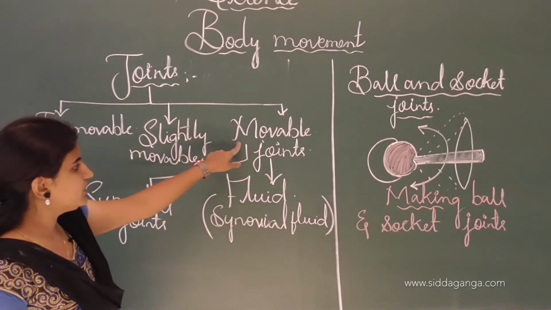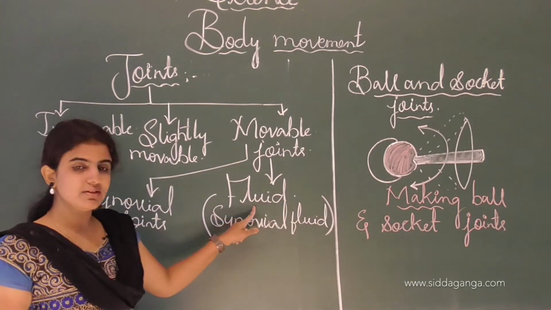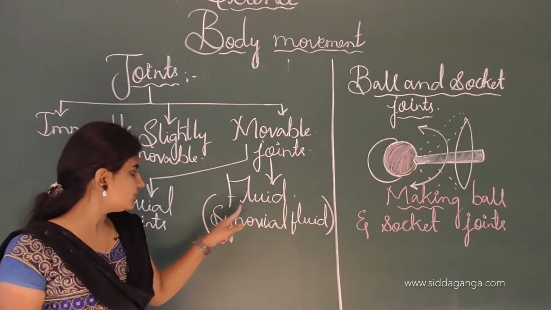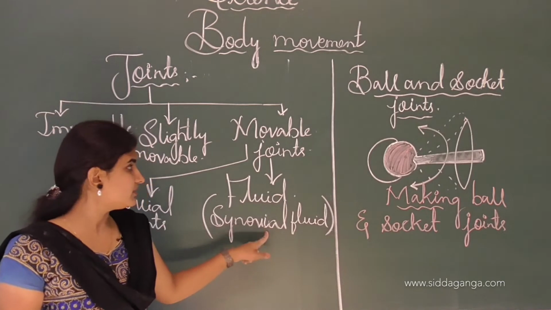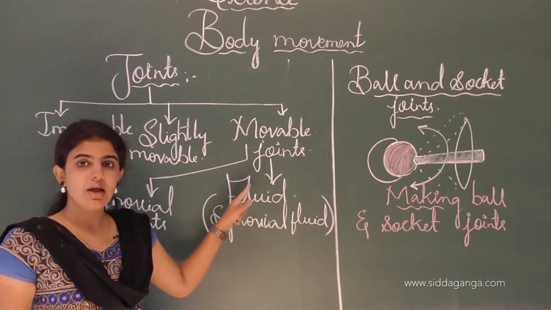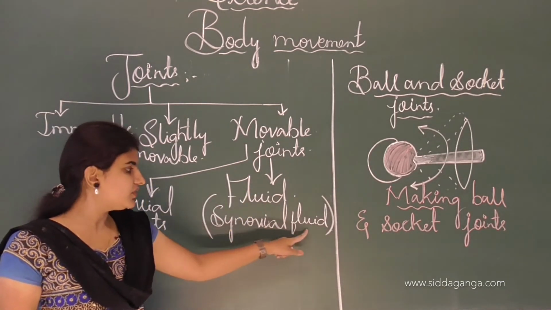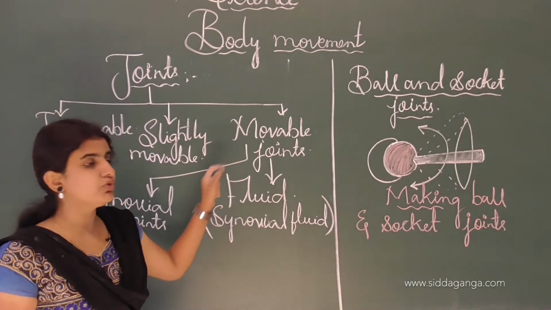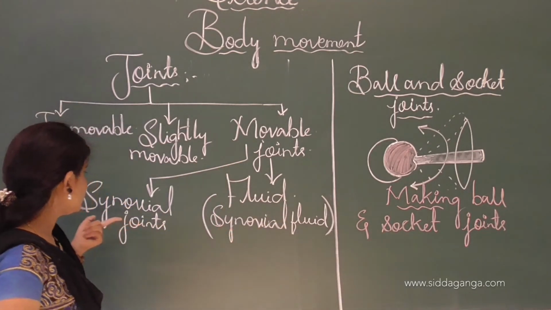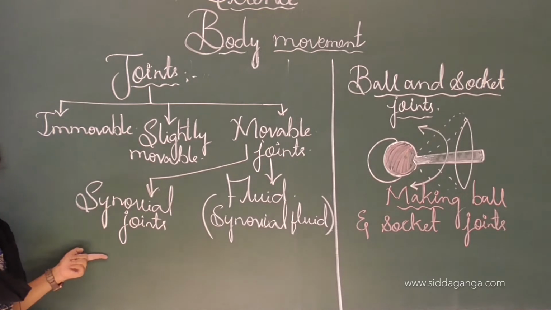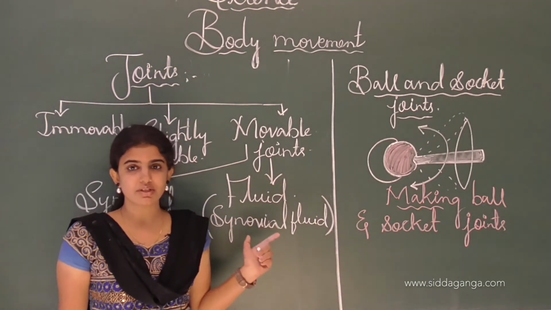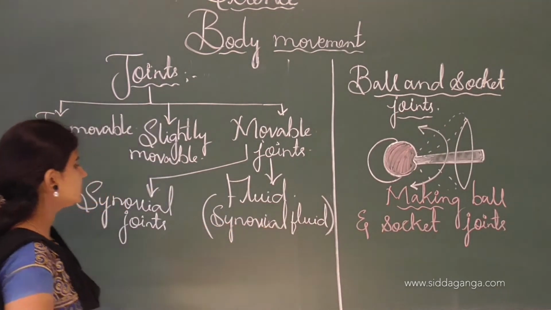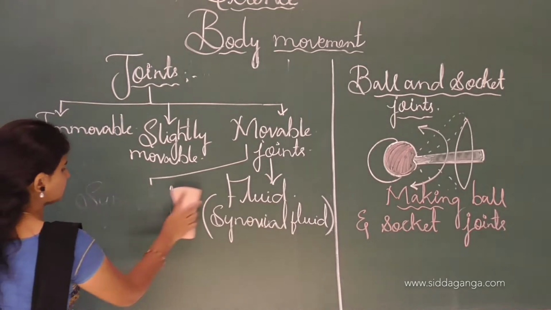Movable joints contain a fluid, and the name of the fluid is synovial fluid, which is present in the movable joints. Due to the presence of synovial fluid in the movable joints, they are also known as synovial joints. These movable joints can be categorized into three different parts.